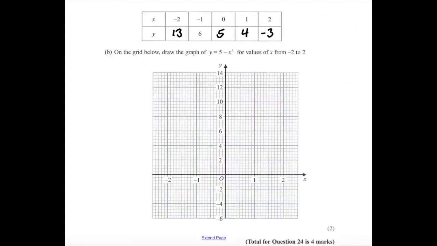Question 24 B. On the grid below, draw the graph of y equals 5 minus x cubed for the values of x from minus 2 to 2. So what we need to do now is plot the points on the graph. So we have minus 2 and 13. Minus 2 is over here, go all the way up here, so 13 is here.